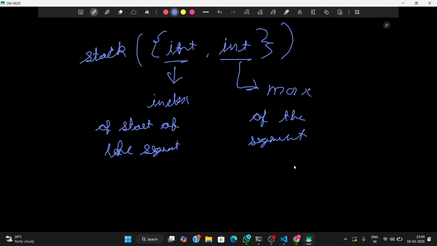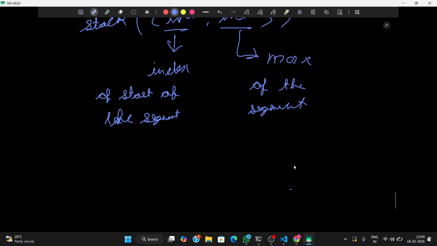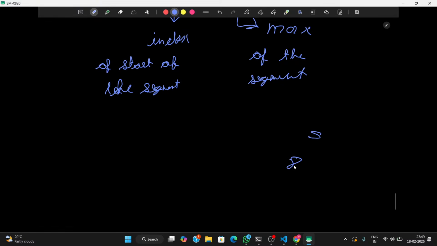So now, let's say that we are at some index 8 and we got some element 5. This is our stack, and we have, let's say, a 0, comma 3 here, and a 4, comma 4 here.